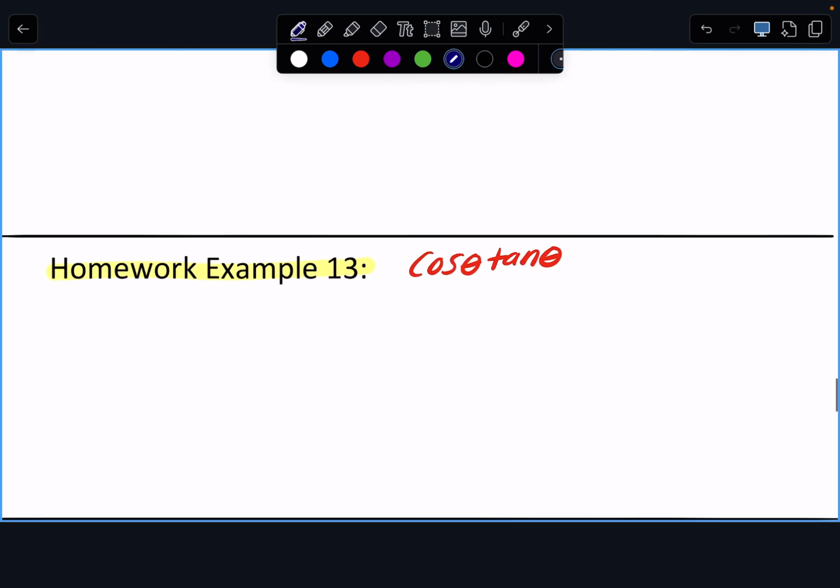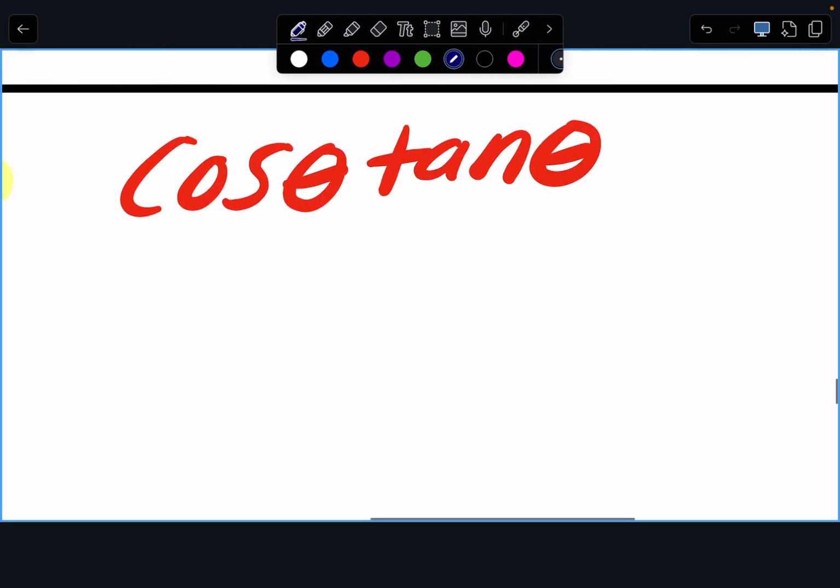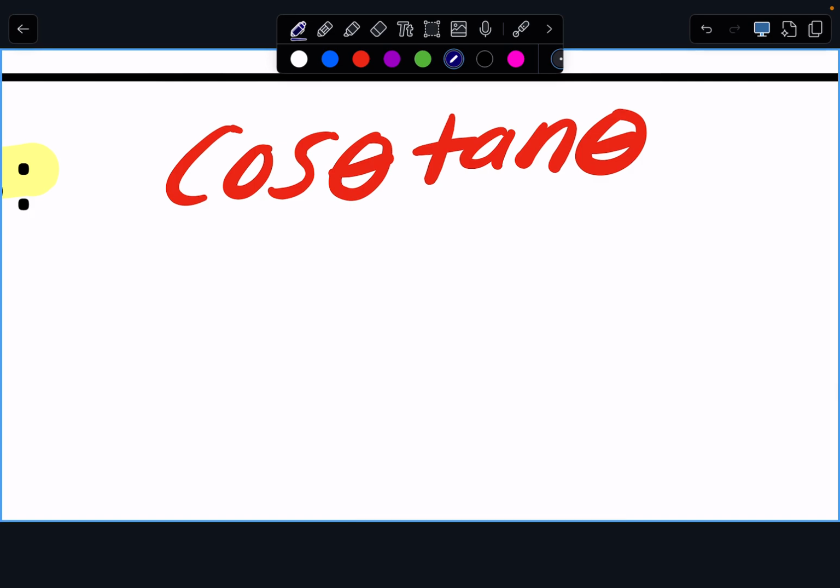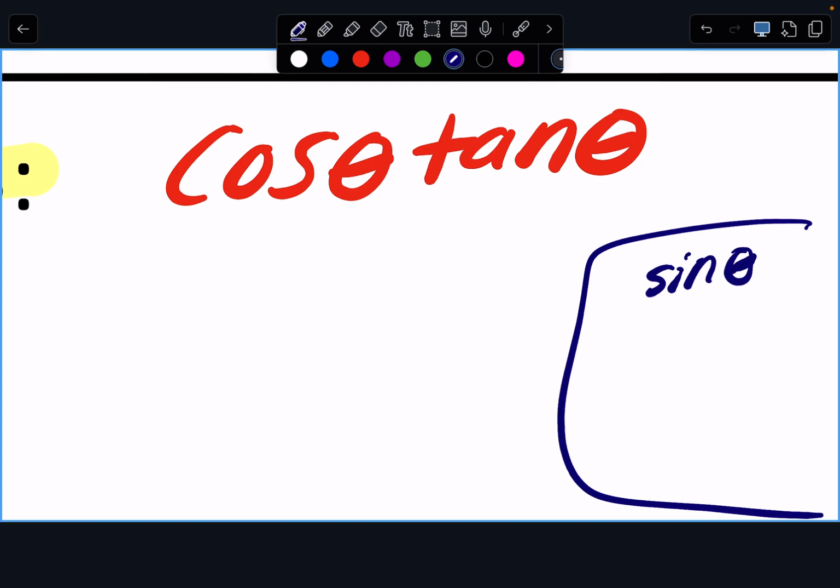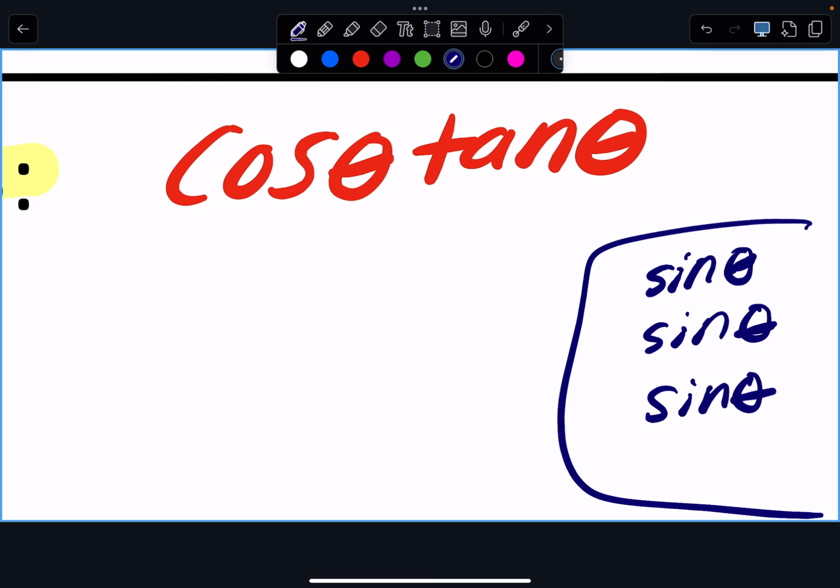Okay, let's do number 13. Ready, go. 13 on the homework. You can only get good at these with practice because you learn, oh, I can't go wrong. I just can't write down an untrue ratio. I got sine.